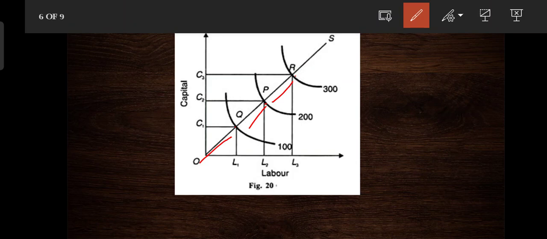That is, isoquant 100 is equidistant from isoquant 200, and isoquant 300 is also equidistant. From this we can see that the capital and labor are increased at the same amount and thus the output is also increased at the same ratio or the same proportion.